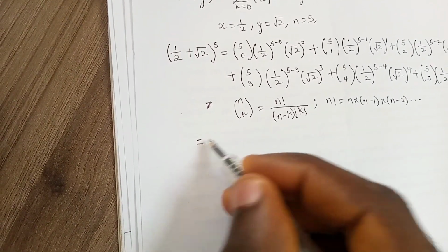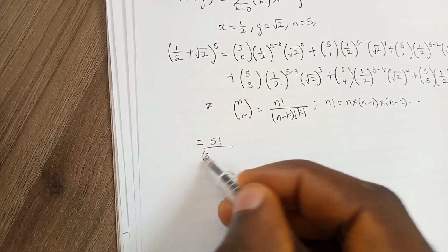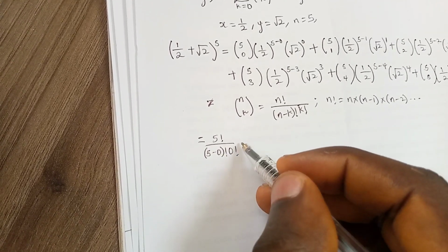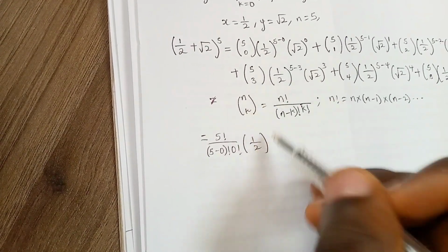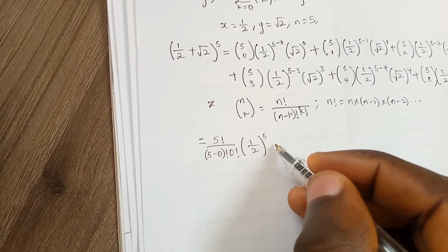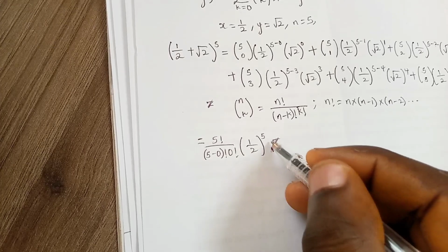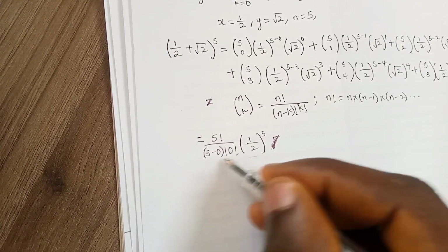5 combination 0 is 5 factorial over (5 minus 0) factorial, 0 factorial. And then we have 1/2 to the power of 5 minus 0, which is 5, and then the square root of 2 to the power of 0. You know, anything to the power of 0 is 1. So that will be 1 times everything here, which will remain this.